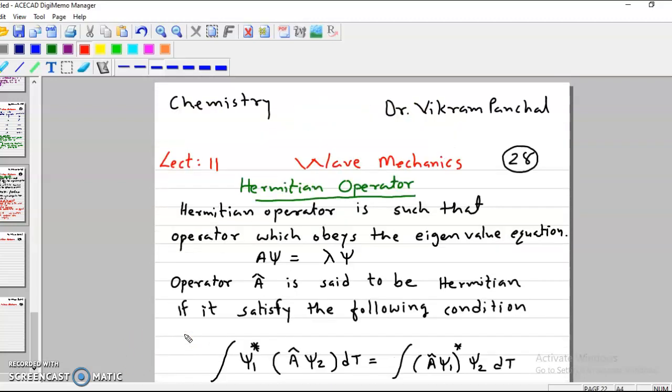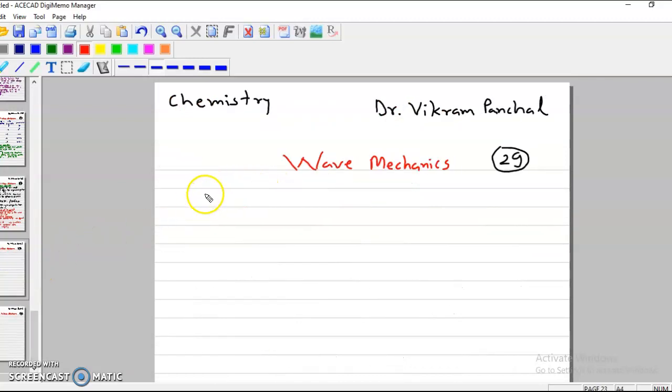So as such, there is no physical interpretation of psi. It is just a symbol which indicates the wave function of an electron.